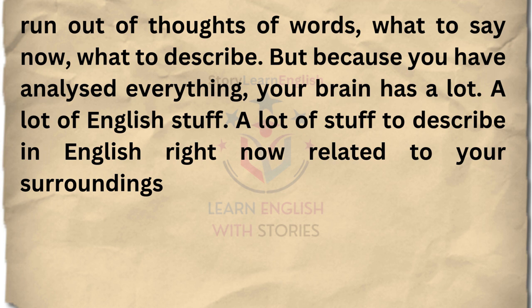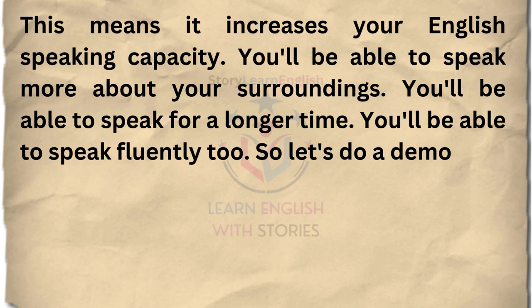A lot of stuff to describe in English right now related to your surroundings. This means it increases your English speaking capacity. You'll be able to speak more about your surroundings. You'll be able to speak for a longer time. You'll be able to speak fluently too.